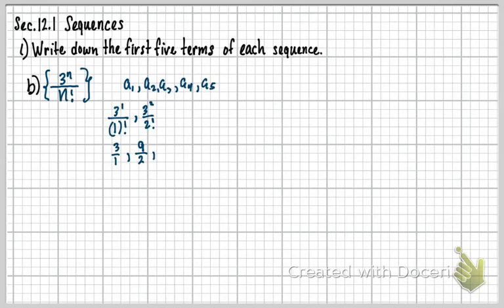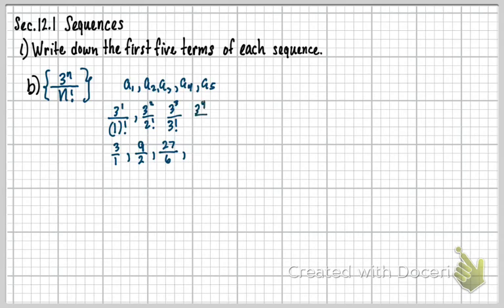Now the next one's going to be a 3 here. So that's 3 to the third over 3 factorial. So 3 to the third is 27. And 3 factorial is 3 times 2 times 1, which is actually 6. And that reduces. So just kind of keep that in mind for these. But I just want to keep going with this.